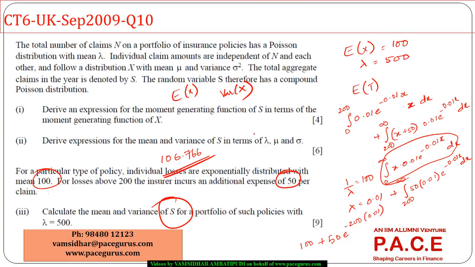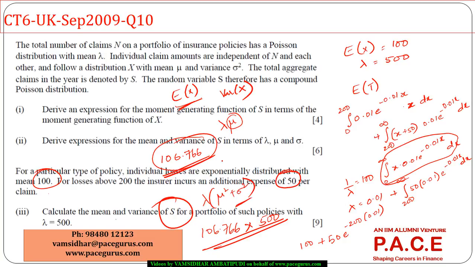Now for this I will use the formulas that I have generated here. Lambda times mu, where mu is the expected value of x. So the expected value of S is nothing but 106.76 times 500. Similarly, the variance of S we got as lambda times mu squared plus sigma squared.